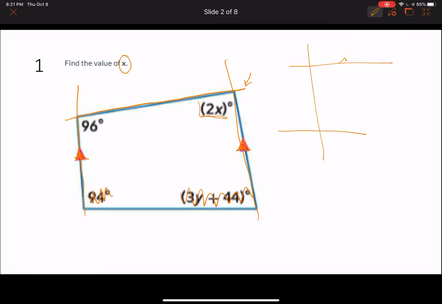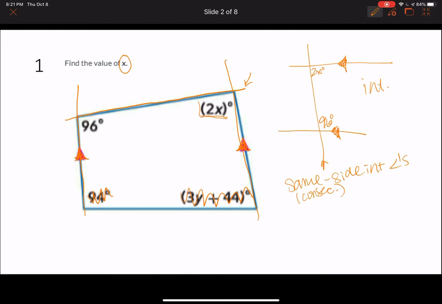You didn't see that you had a transversal stuck between two parallel lines, and that you had 2x here and 96 here, and to notice that they were on the same side of the transversal and they were on the interior, which meant they were same side interior angles, or consecutive interior angles.